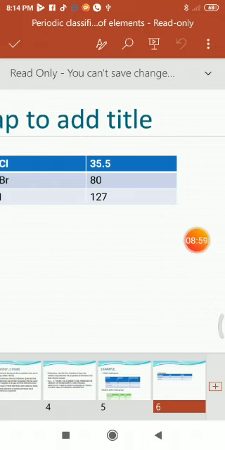The elements chlorine, bromine and iodine are known as halogens because they react with metals to form salts. Halo means salt and gen means producer, hence these elements are called halogens. So this is all about Dobereiner's triads. Tomorrow in the next class we will also discuss the next law and the disadvantages or limitations of Dobereiner's triads.